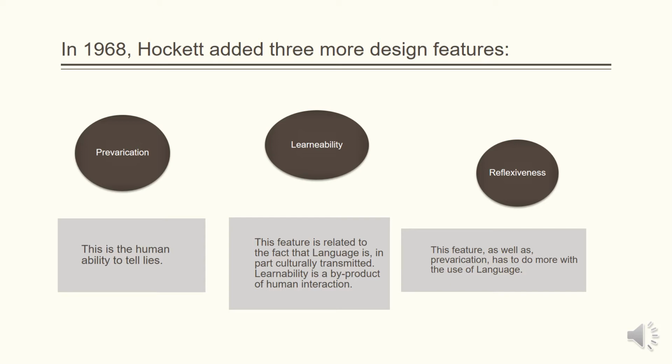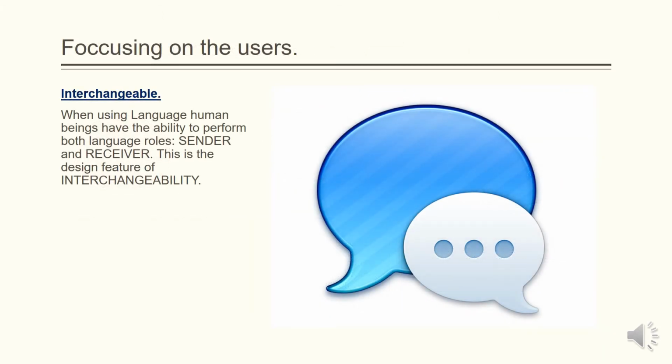And as I mentioned at the beginning of this slide, reflexiveness is considered a use of language, a way of using language, not a feature of it. First, we are going to focus on the users. When we focus on the users, we have already said that there are different features.